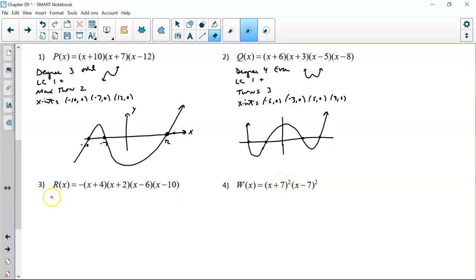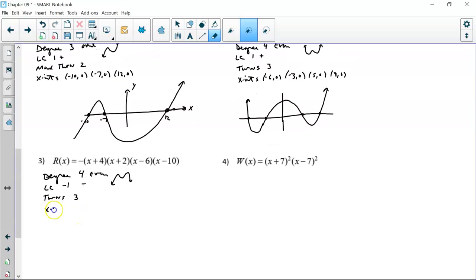Number 3, our degree. 1, 2, 3, 4 x's, so the degree is 4, which is even. And the leading coefficient is a -1, so it's negative. So the shape is going to be like this. So for the turning points, 4 minus 1 is 3.